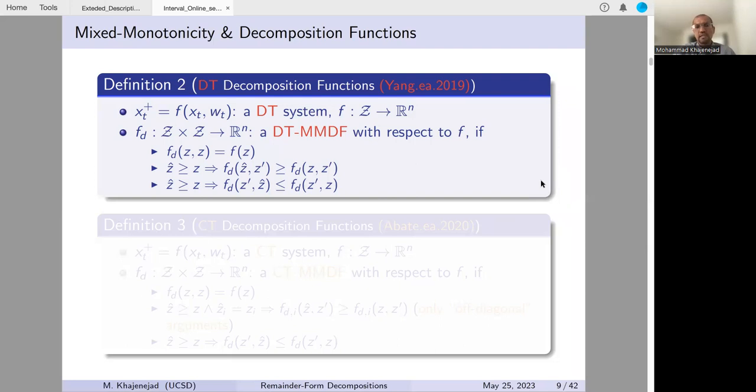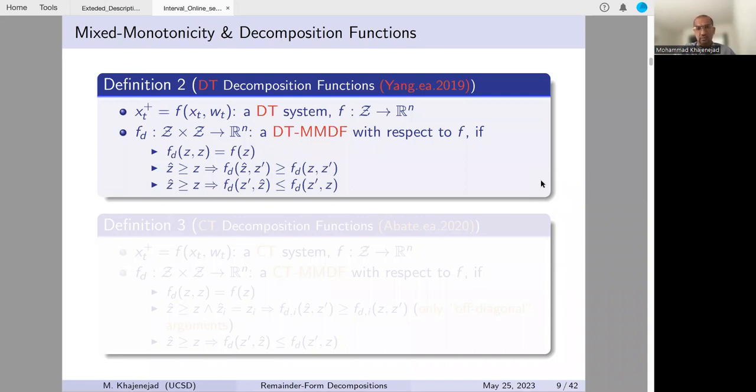First, Fd of Z and Z coincides with F of Z, which means that F is embedded within Fd.